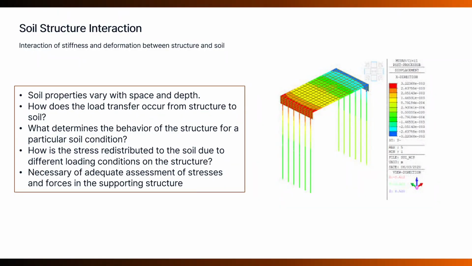And it is necessary to perform soil structure interaction to understand, first of all, how the soil deforms not only below the structure, but also nearby. And during the loading, how do the spring constants or the stiffness of the soil get updated, and how can we use this in the later analysis.